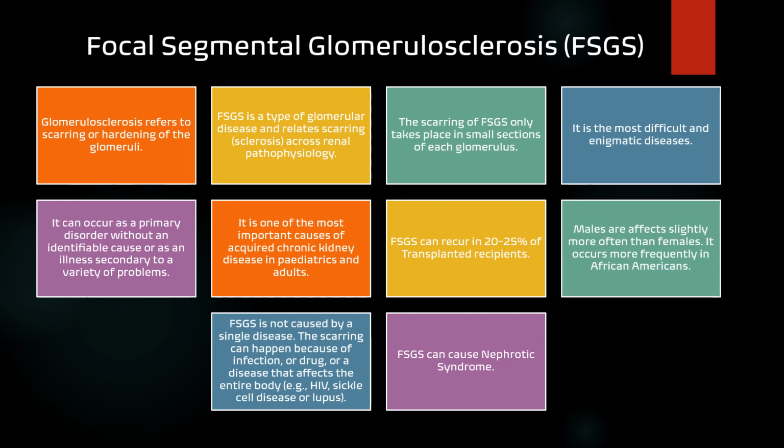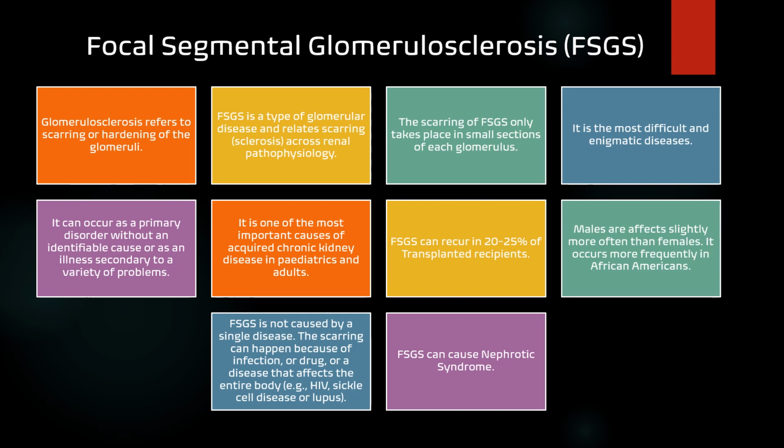Generally, the scarring is consistent with where blood enters through renal tubules and exits from renal tubules, and it is those parts around the nephrons and glomeruli that are primarily affected in FSGS.